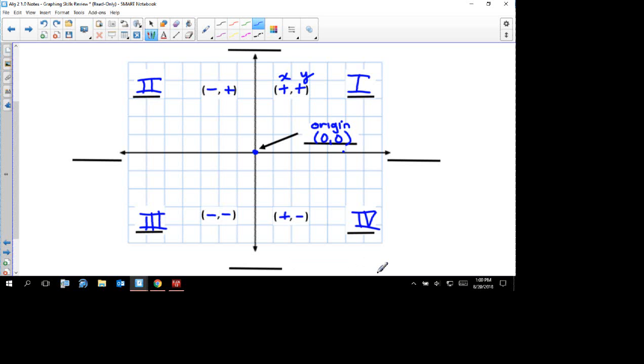The label that I'm going to put outside over here has to do with the x-axis, but there's like 2 labels, so I'm going to specify what part of the x-axis this is. It is the positive x-axis. So that means on the other side is the negative x-axis.